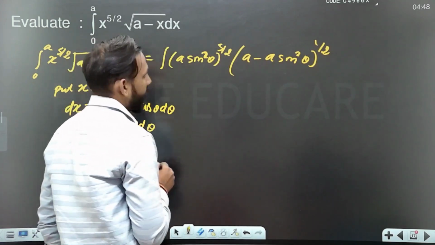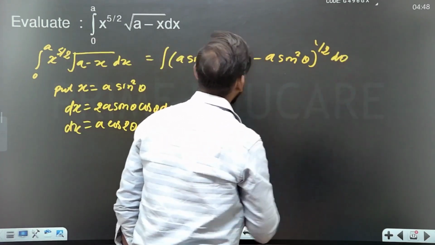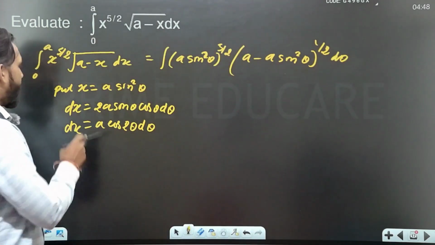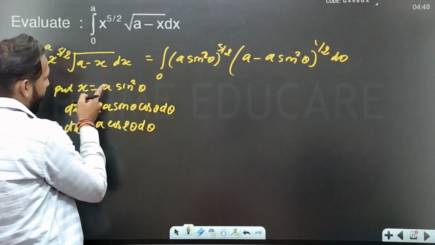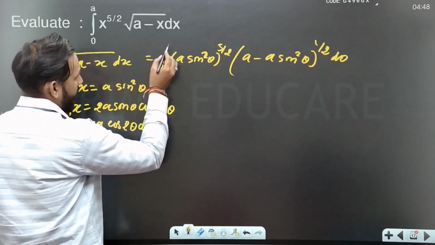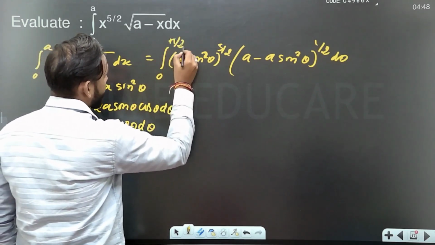Okay, no problem. And d theta. Now what is the limit? When x is 0, then theta is 0, and when x is a, cancelling out from a, theta will be pi by 2, yes or no?